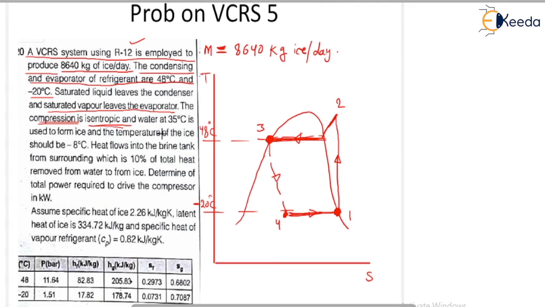Water at 35 degrees Celsius is used to form ice. Here, water at 35 degrees Celsius is going to be used to make ice, and the ice temperature is minus 8 degrees Celsius.